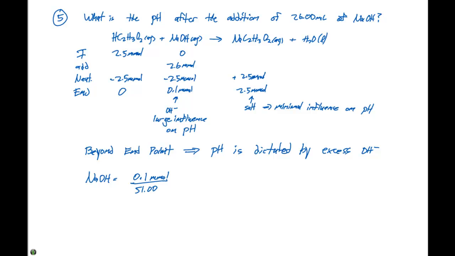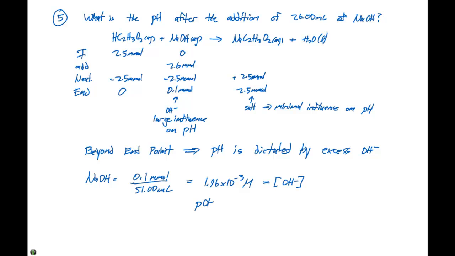So this has a total volume of 51.00 milliliters. This is going to give us 1.96 times 10 to the minus 3 molar, which is equal to the concentration of OH minus ions in excess.